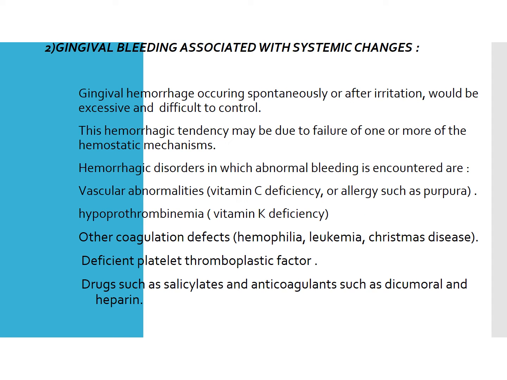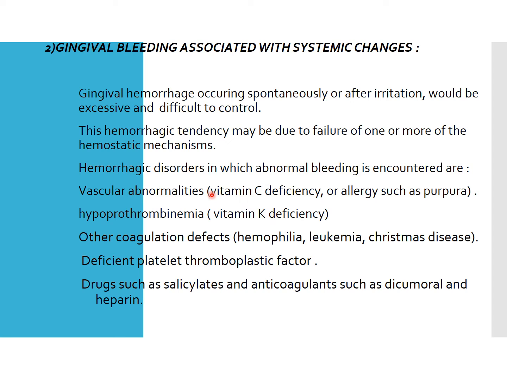Then coming to gingival bleeding associated with systemic changes, there are different systemic factors that lead to gingival bleeding. This gingival hemorrhage can occur spontaneously or due to any other irritation, and it will be excessive and difficult to control. This tendency is mainly due to failure of one or more of the hemostatic mechanisms.